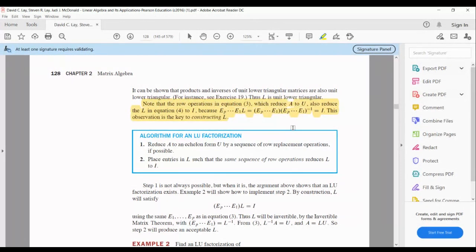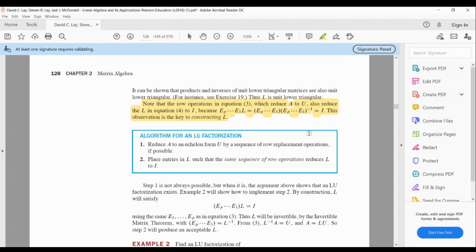The row operations which reduce the matrix A to U in echelon form also reduce the matrix L to the identity matrix, because the product of the elementary matrices E_p through E_1 times L is going to convert L to the identity matrix, because L can be represented as the inverse of the product of those elementary matrices.